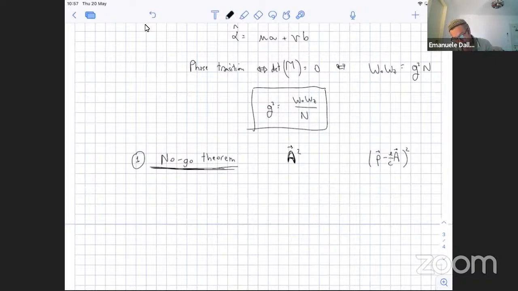So the reason I'm mentioning this whole problem, and I got interested in this whole problem, is that in 2010 there was an experiment, which we are going to see in a moment, by the Tilman Esslinger group, where they realized the phase transition. The way that they realized it was to use a different coupling that is not the dipole coupling.